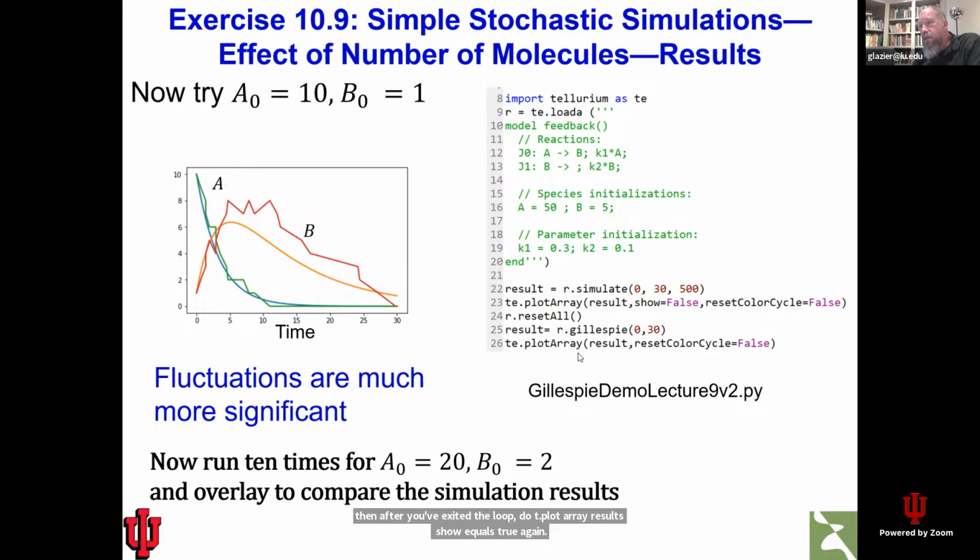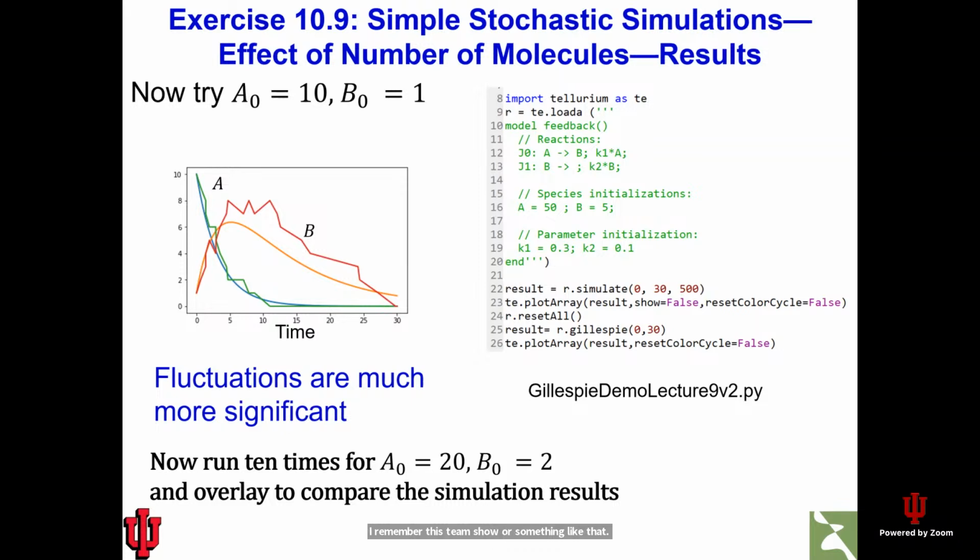Or you could just do, I think, I don't remember, it's t show or something like that. Okay. But you can just call the t.plot array result with the show equals true outside of the loop and keep it show equals false inside the loop. So it'll plot one thing twice, but doesn't do any harm. That's the fastest way to do it.